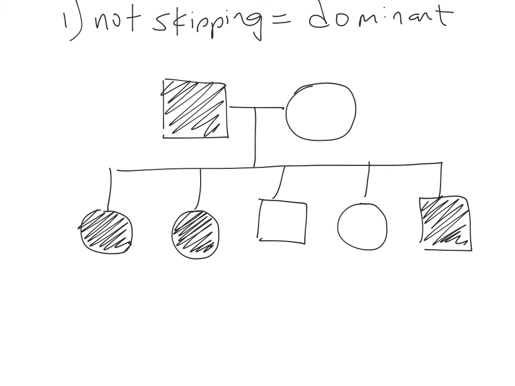So if this was X-linked and dominant, then what would be true? So what would dad's genotype be if this is X-linked and dominant?